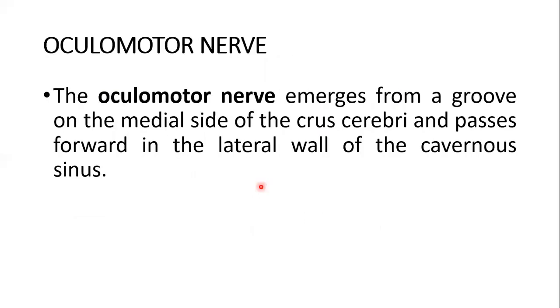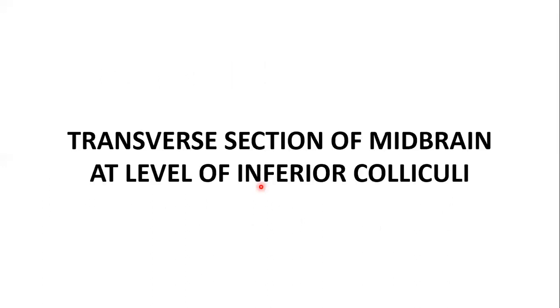Then we will move to the sections. I am done briefly with the discussion of the external features. And now, in the last part of gross anatomy, before moving to clinical anatomy, we will study the transverse sections, very important, of the midbrain, at the level of the inferior colliculi.